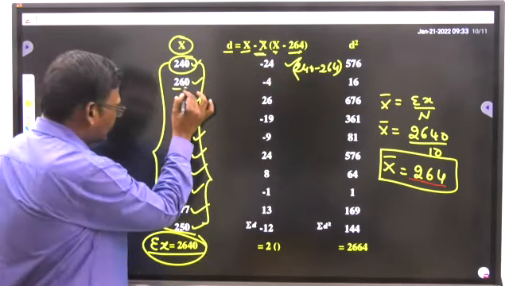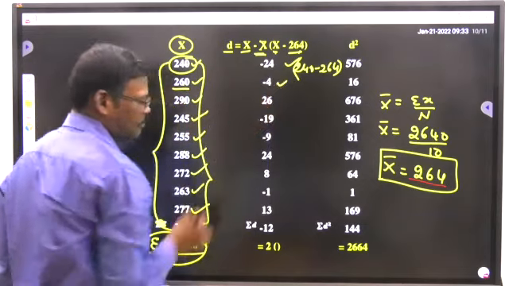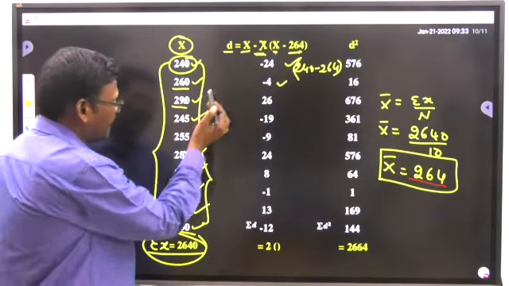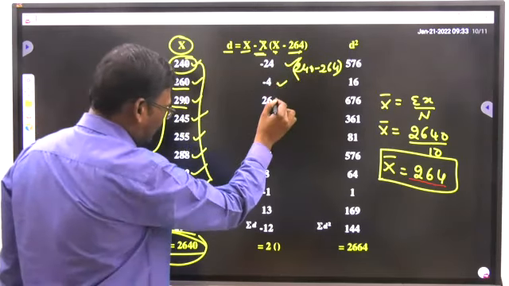Then 260 minus 264 is minus 4. 290 minus 264 is plus 26.